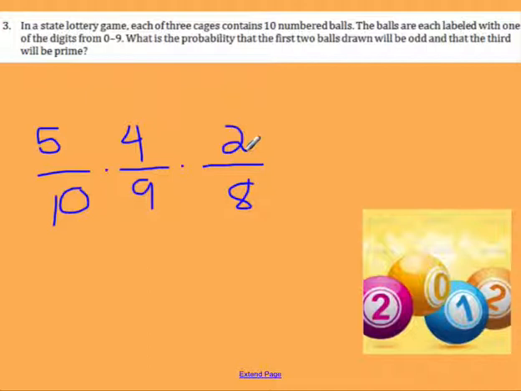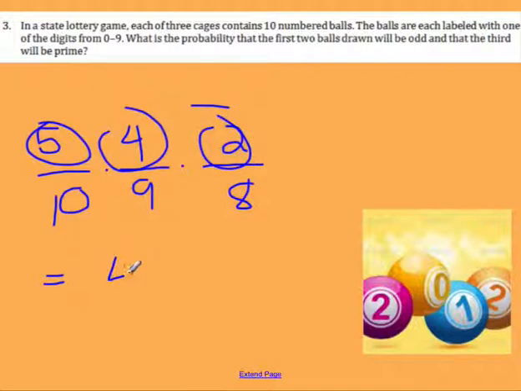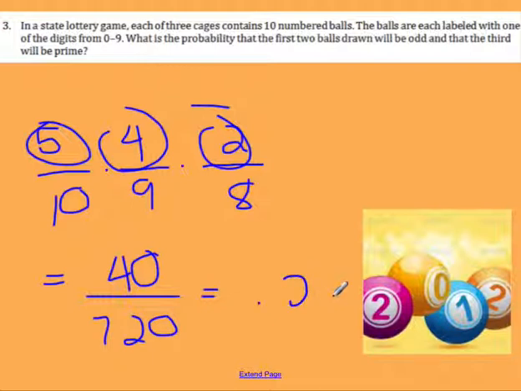So some of them could have been drawn in that odd pile. So now we're going to multiply across. So we have 5 times 4 times 2, and that's going to give us 40. And then 10 times 9 times 8 is going to give us 720. So you're going to take 40 divided by 720, and that's going to give you 0.06.